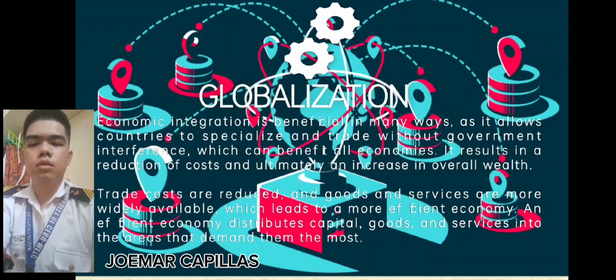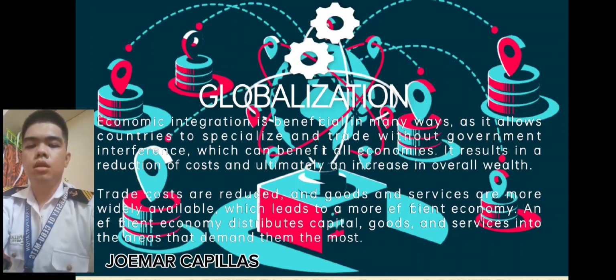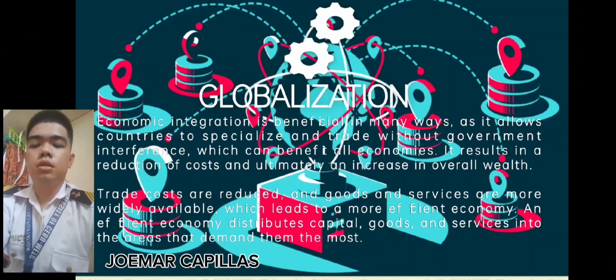Globalization of production refers to the dispersion of production processes and activities across different countries. It involves the fragmentation of production processes, with different stages of production taking place in different locations around the world. Next, globalization of markets.